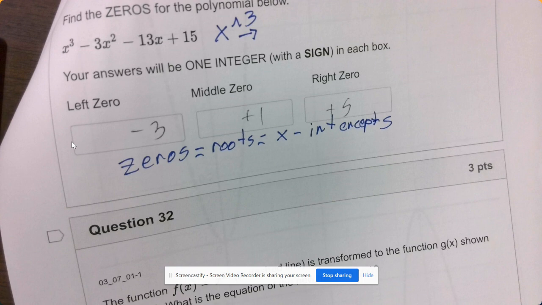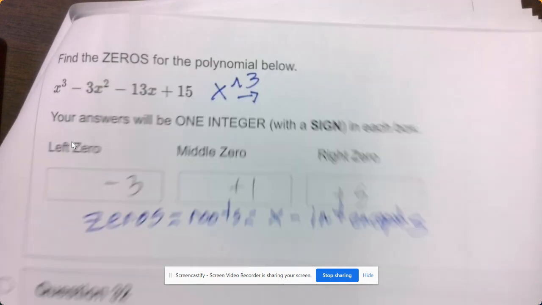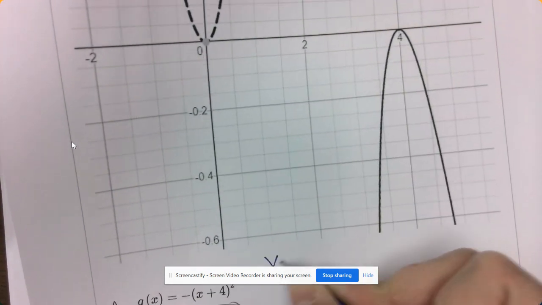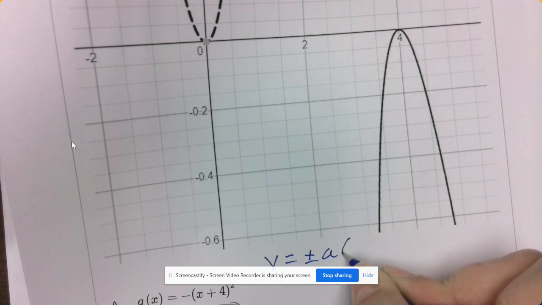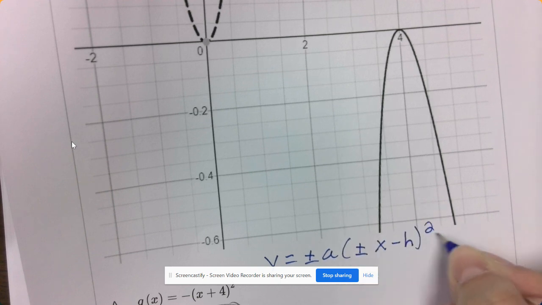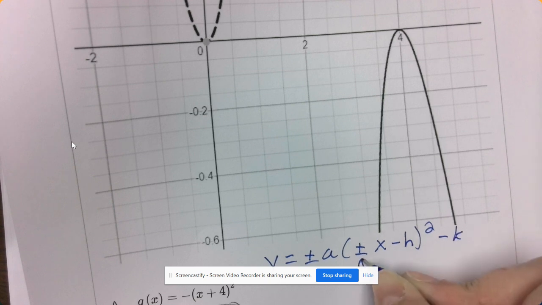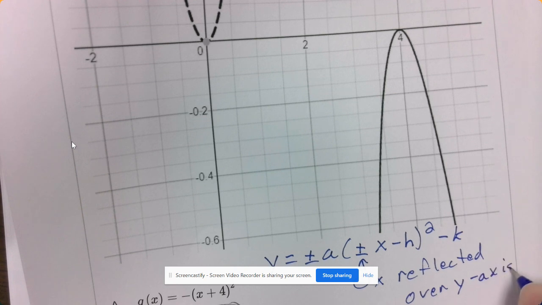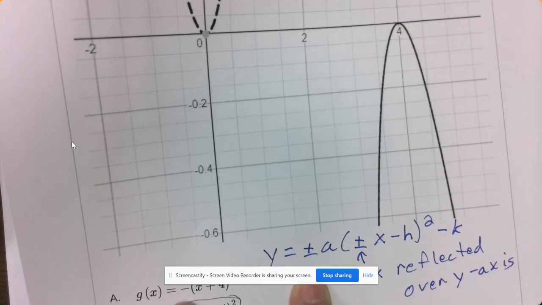Okay, so this one, they want to know what the transformation is. Everybody remember transformation: y is equal to plus or minus a, plus or minus x minus h, minus k. Everybody, if it's a negative x, it's reflected over the y-axis. If it's a negative a, it's going to be reflected over the x-axis.